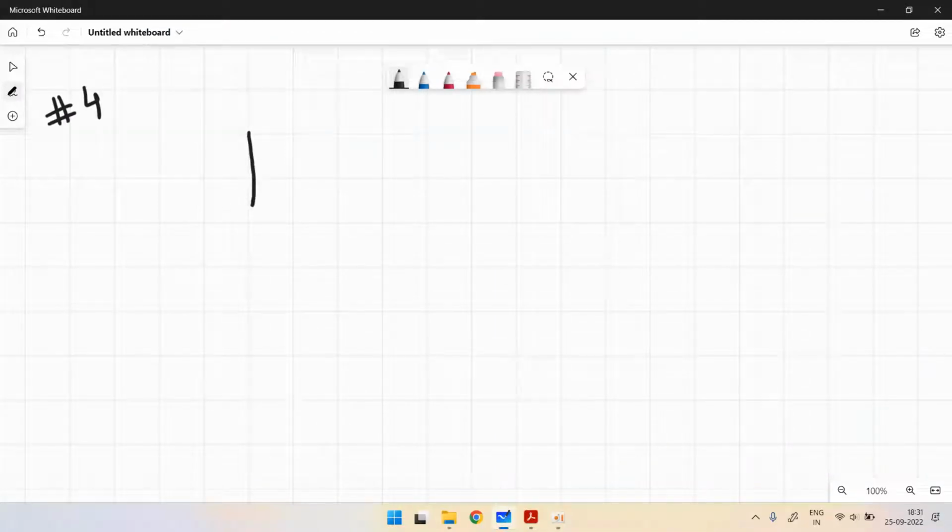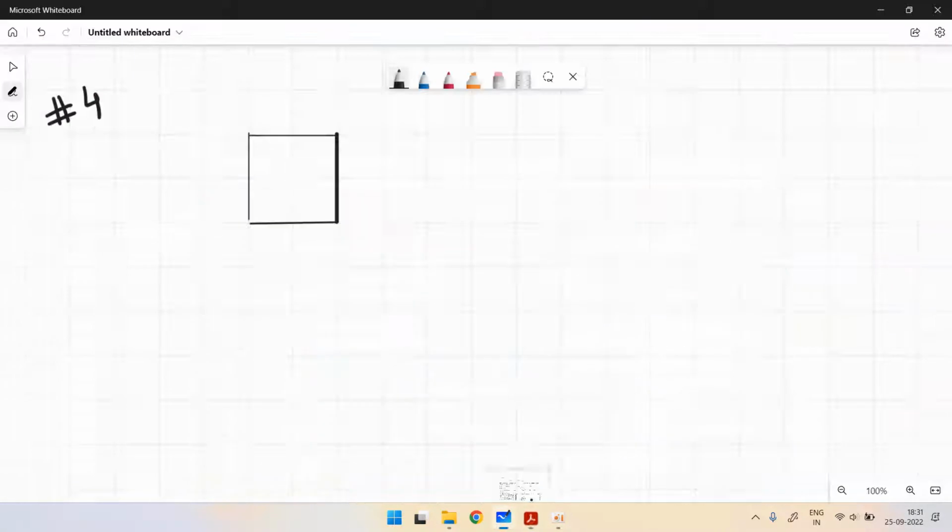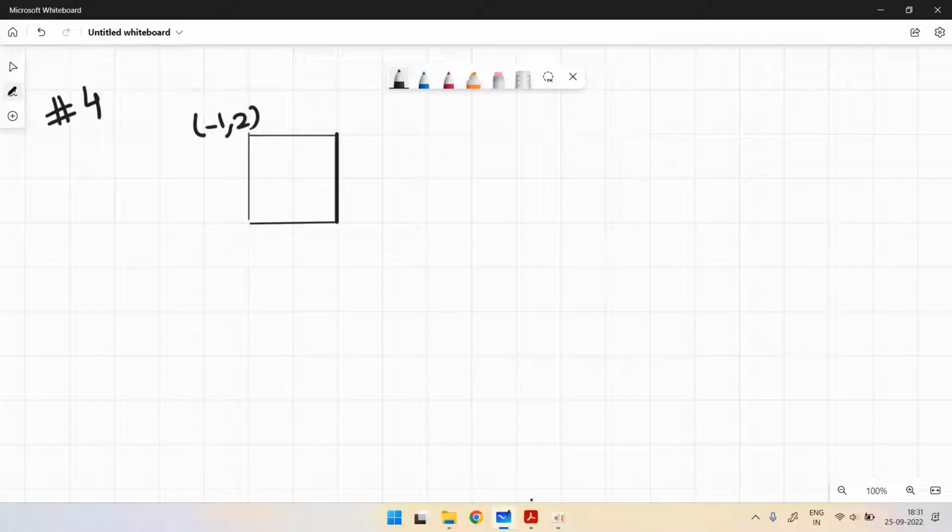So you are given that this is a square. Suppose this is a square, and given that this is minus 1 comma 2 and this is 3 comma 2.